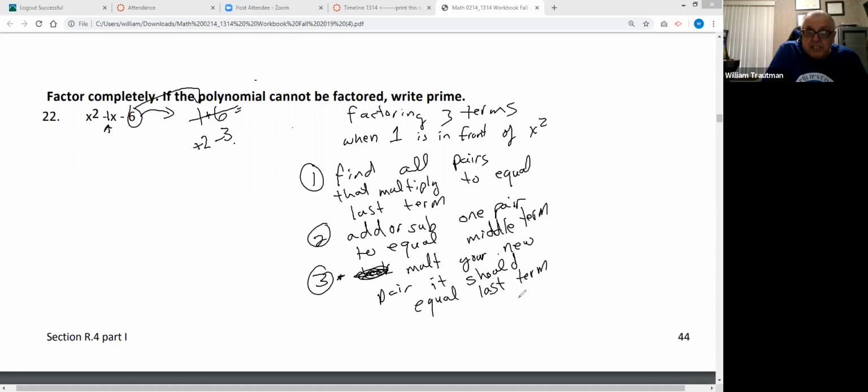And I'm talking about the signs. The signs should be correct. I already know 2 times 3 is 6. Do you see a positive 2 times a negative 3 equals a negative 6? Or a positive 2 minus 3 equals a negative 1. When you add them, they have to equal the middle term. When you multiply them, they have to equal the last term.